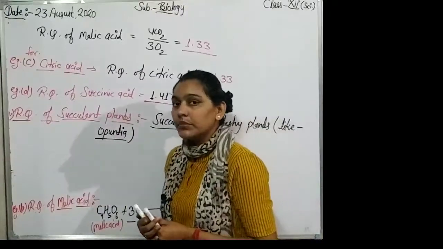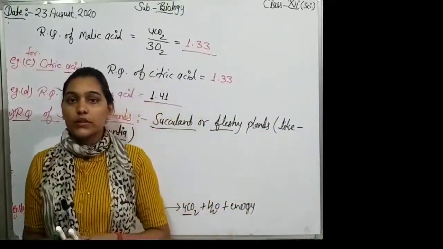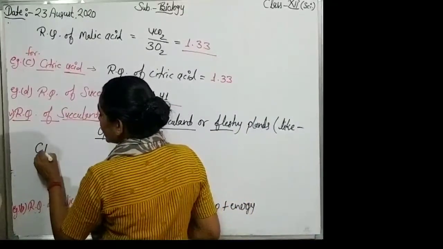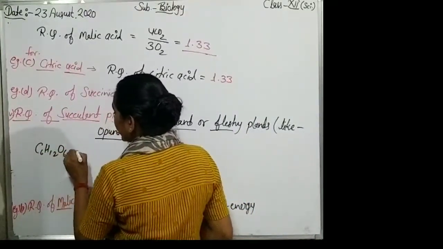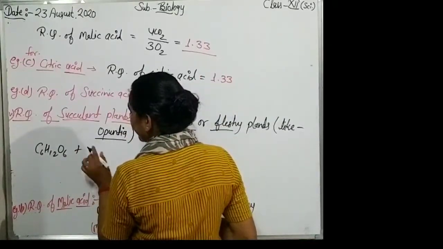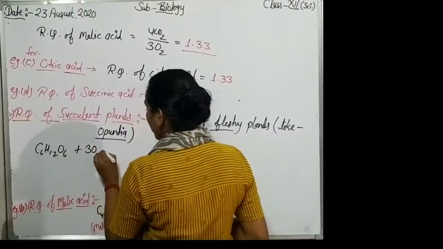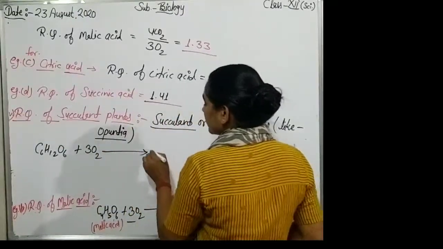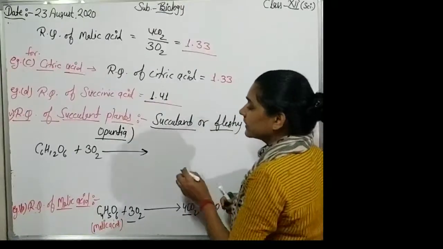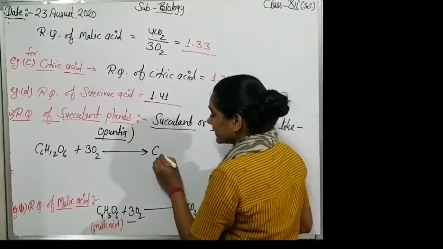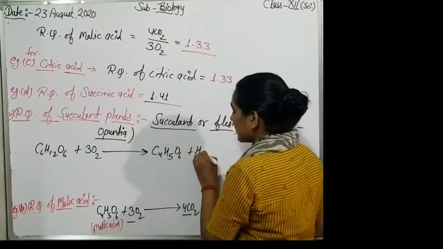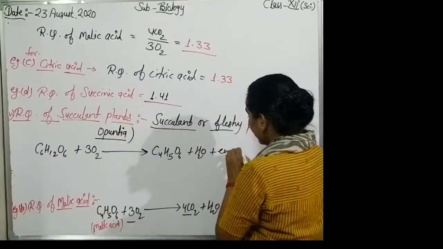So some intermediate compounds are formed. Okay. C6H12O6 plus 3 O2 gives malic acid C4H5O6, H2O and energy, and CO2 is not released.